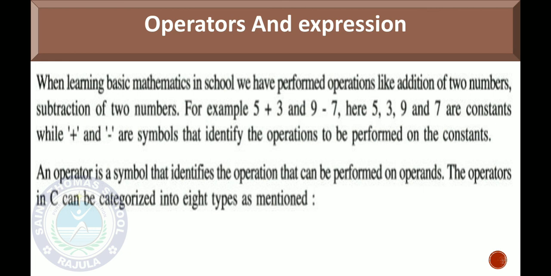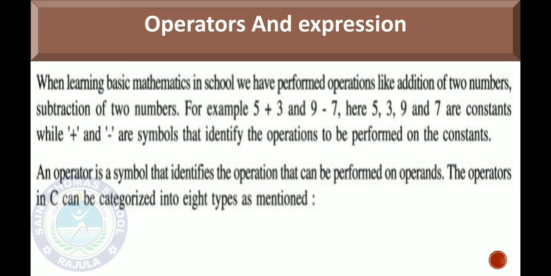For example, 5 plus 3 and 9 minus 7. Here 5, 3, 9 and 7 are constant values, and plus and minus are symbols that identify the operations to be performed on the constants. These symbols decide what we are going to perform on these constant values.